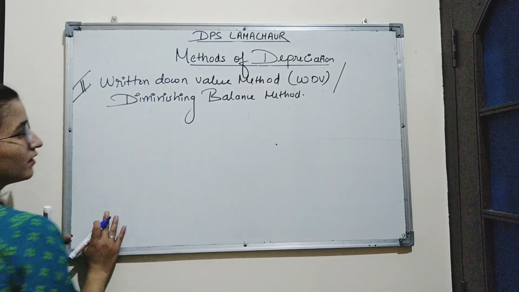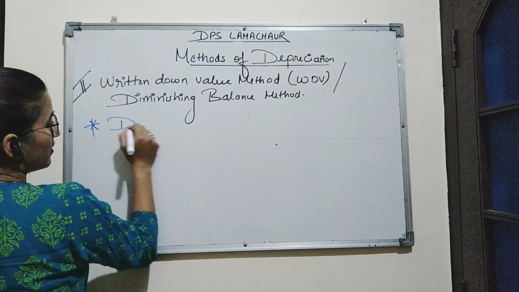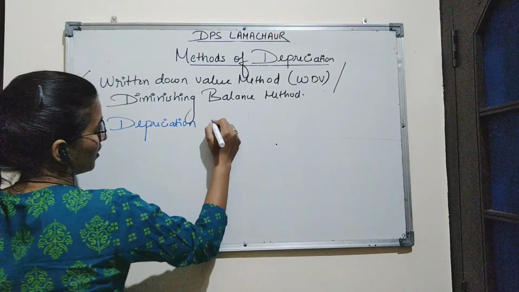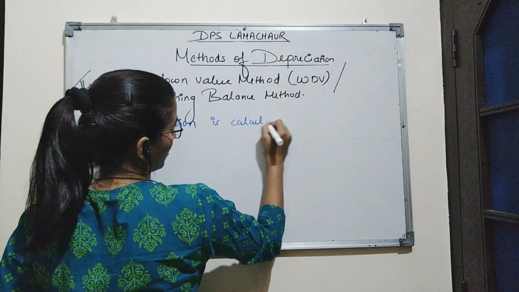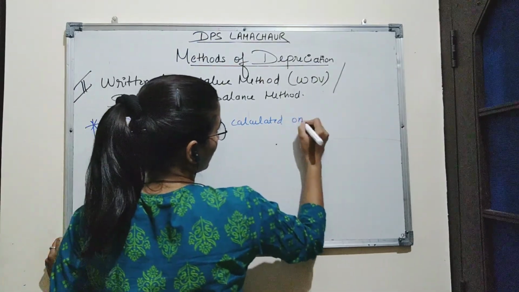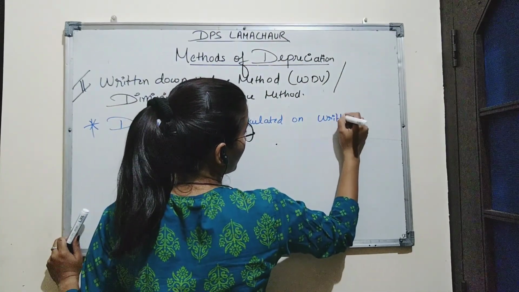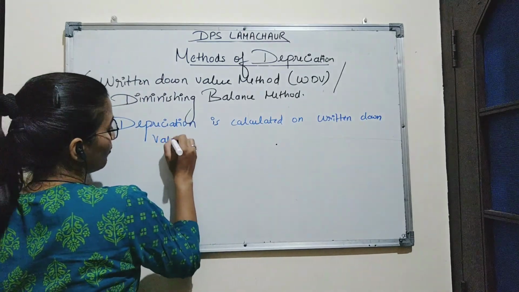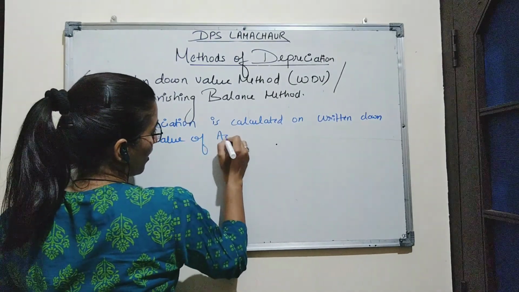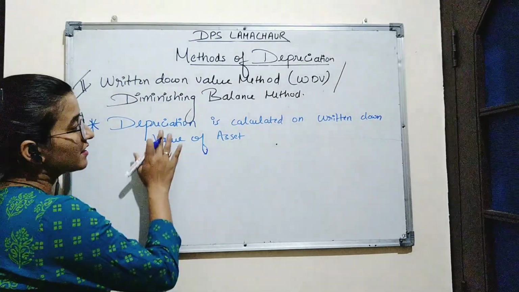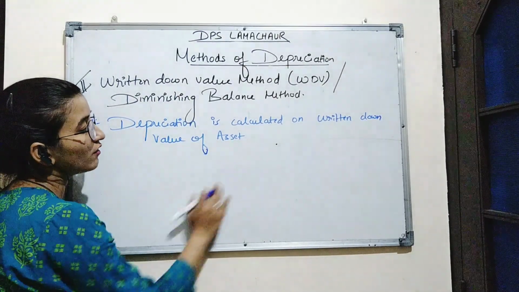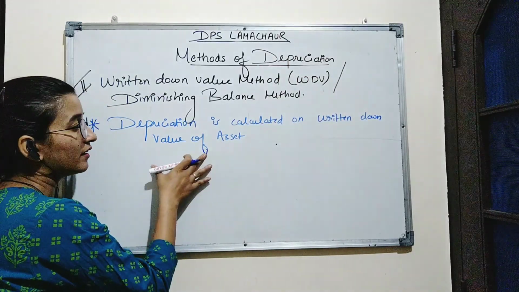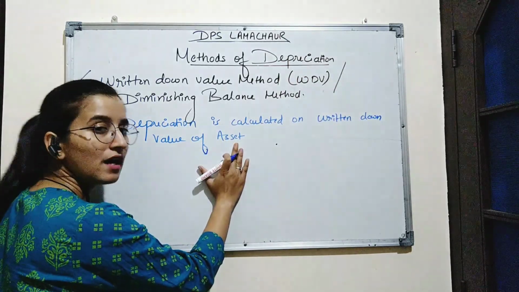So under this method, depreciation is calculated on written down value of asset, which means depreciation will be calculated on the value of asset remaining after subtracting the depreciation amount from asset.